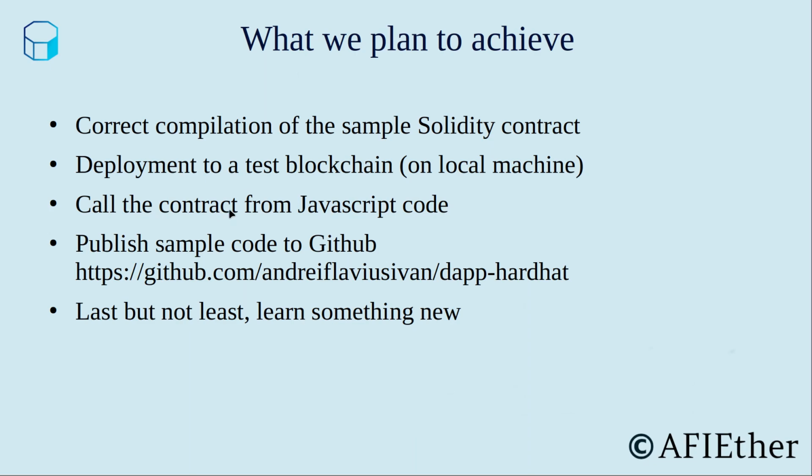Practically, we called it only from a unit test, but we also want to see how to call it from a separate runtime JavaScript file. Then, publishing the sample to GitHub is also on the list. And yeah, learning something new. I think we already learned something, and we will continue to do so.